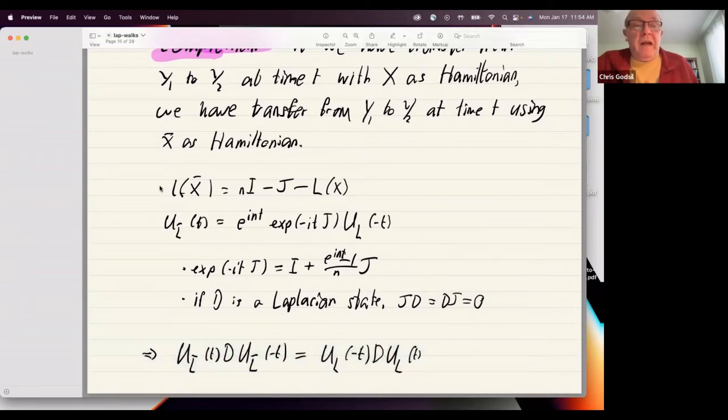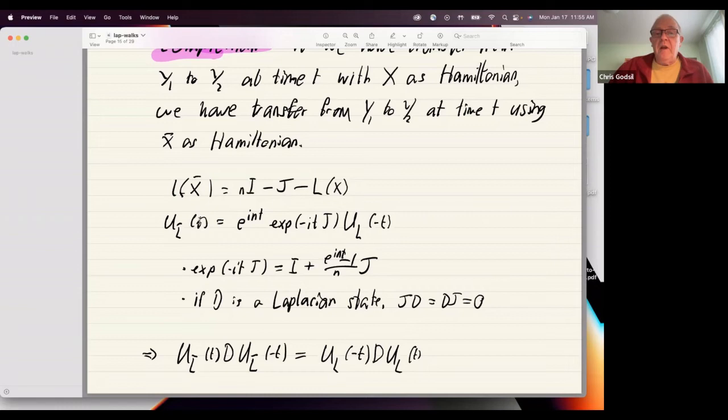The only really important thing to notice is that the Laplacian of the complement of x is given by this. nI minus J is just the Laplacian of the complete graph. And so the Laplacian of the complement is just the Laplacian of the complete graph, take away the Laplacian of x. The other point is that there are 3 matrices here, I, J, and L of x, and any 2 of those commute, because L of x times J is 0 and J times L of x is 0.